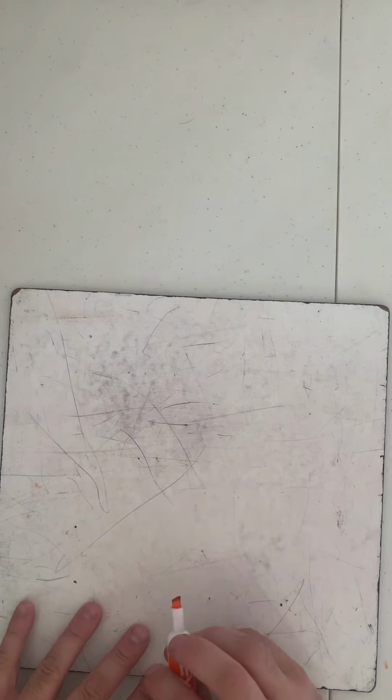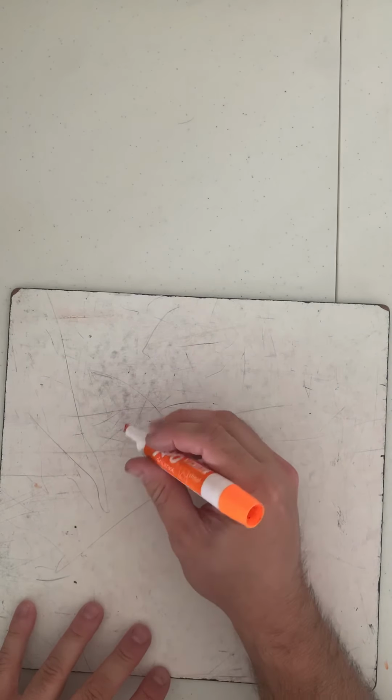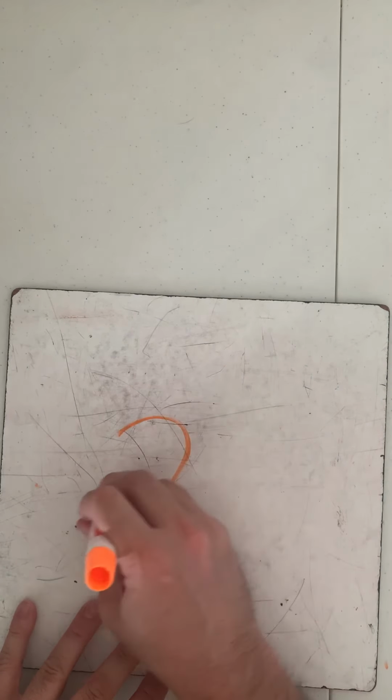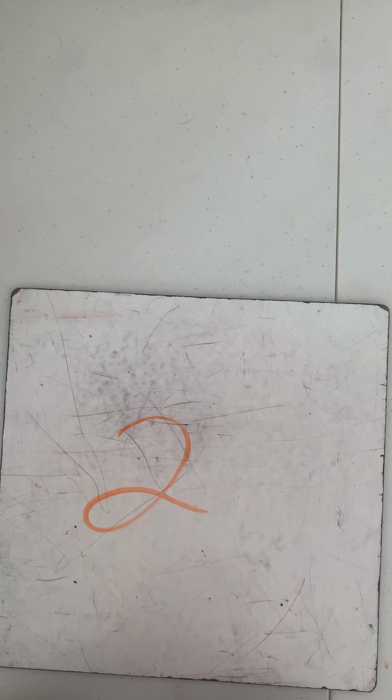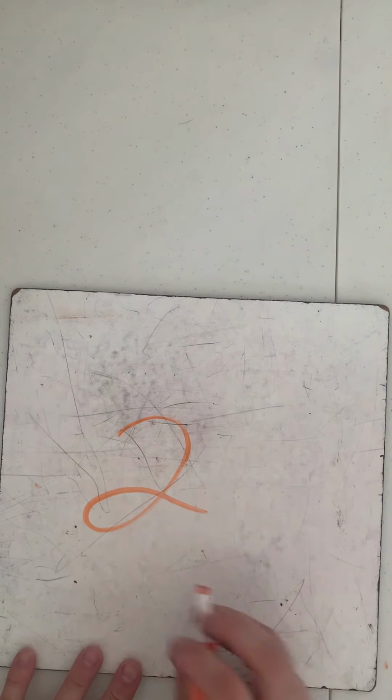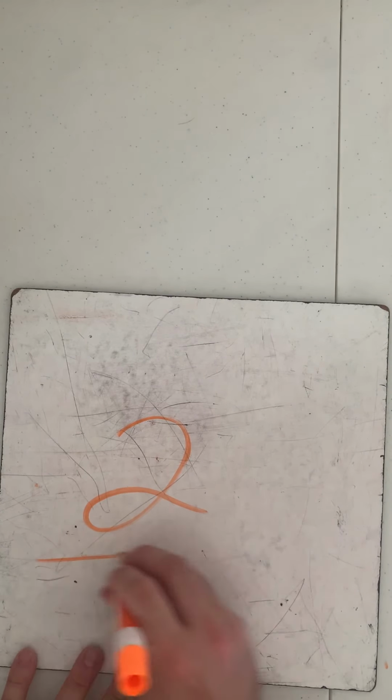So here's one example on page 214. It's 2. We have to find the reciprocal of 2. We know a whole number, when we're multiplying fractions, we put it over 1.